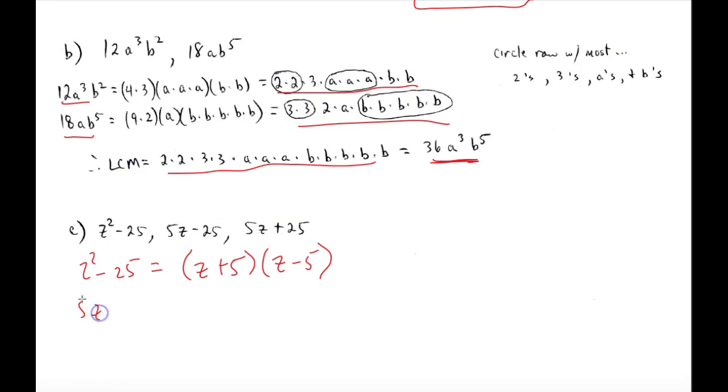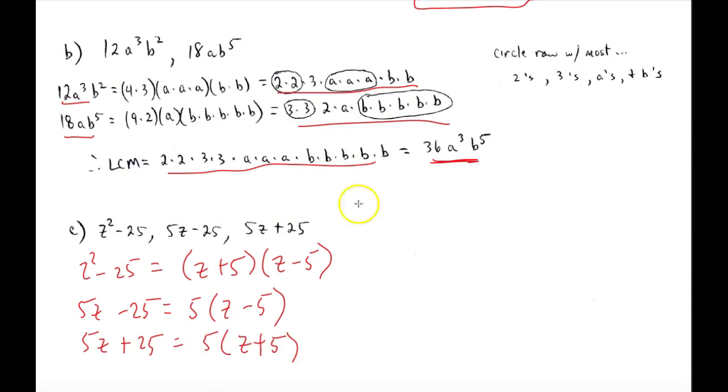If we do 5z minus 25, we know that that has a common factor of 5. So it's just 5 times z minus 5. And if we have 5z plus 25, it's sort of the same thing here, just z plus 5 instead of z minus 5.